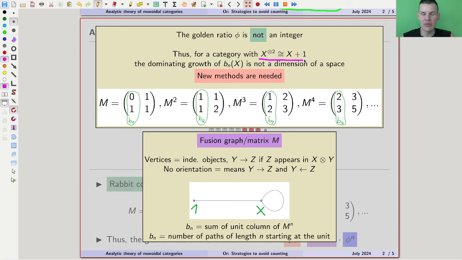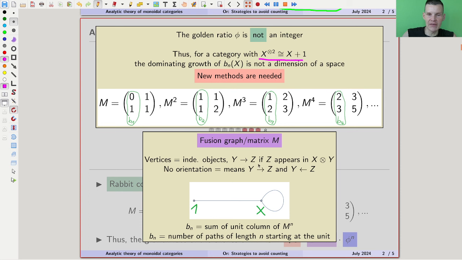I just mimicked the counting in the Fibonacci thing, because if you look at this matrix, here is my x squared equals x plus 1. I will explain the matrix in a second. The sequence is just the sum of the first column, so it will be a sum of Fibonacci numbers, and the growth rate will be the golden ratio.